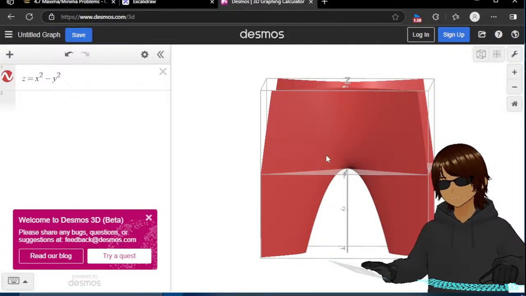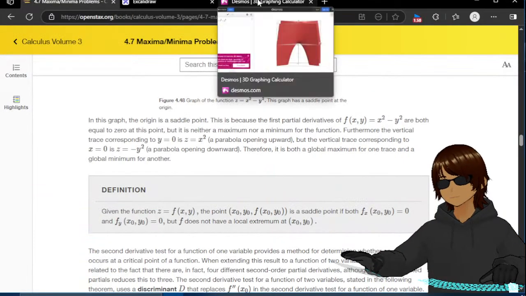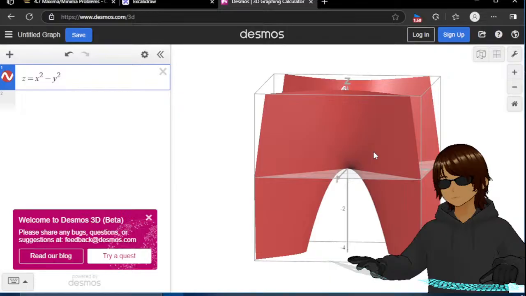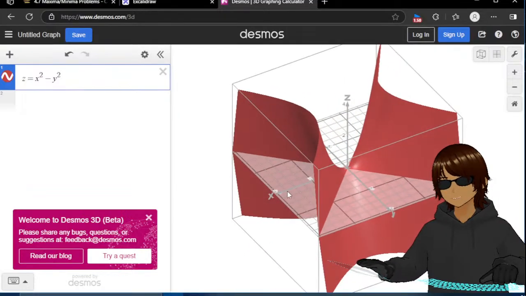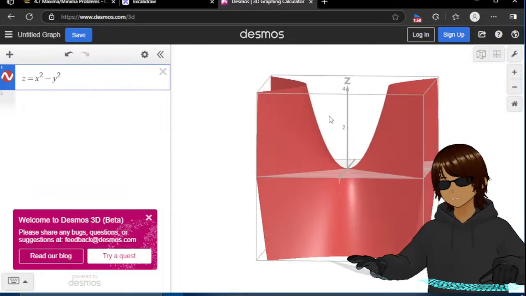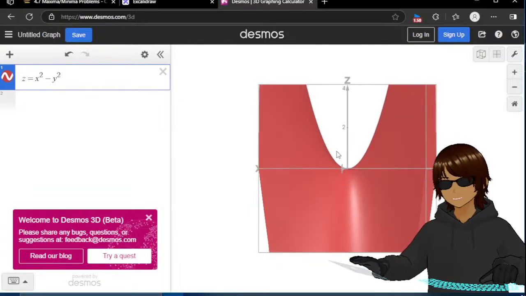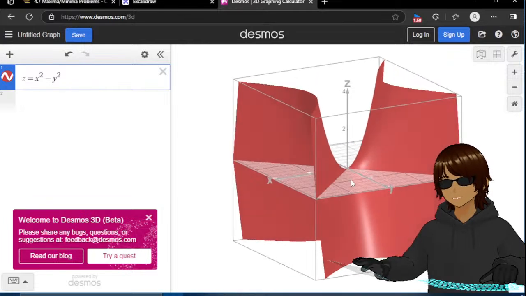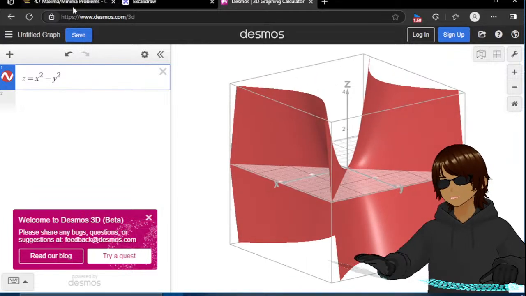So for this 2D shape, this would be a maxima, right? And if I do x is equal to 0, so this line right here, if I cut it at this point, then I get this 2D trace where this is a minima. But in the 3D graph, it's neither a minima nor a maxima.